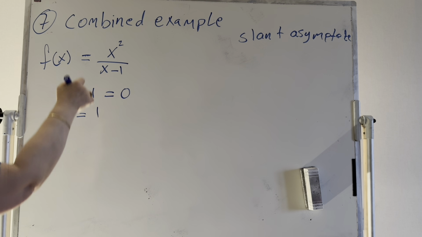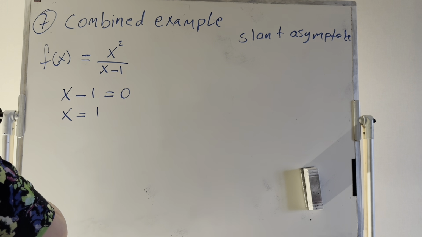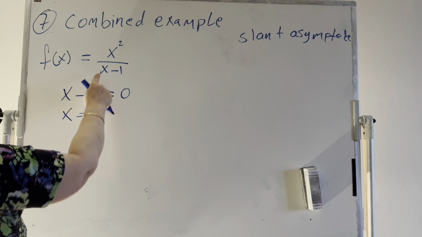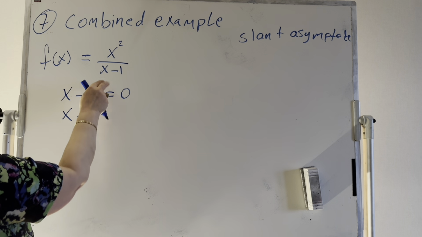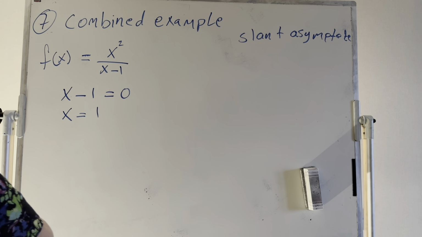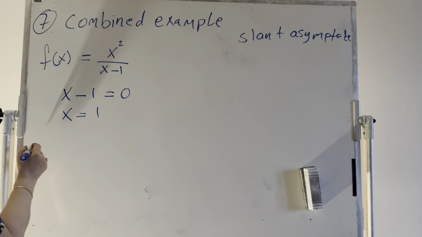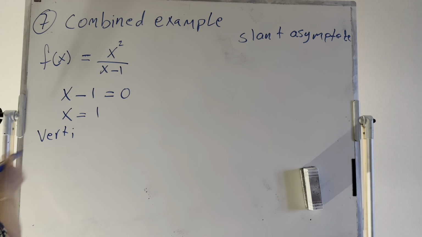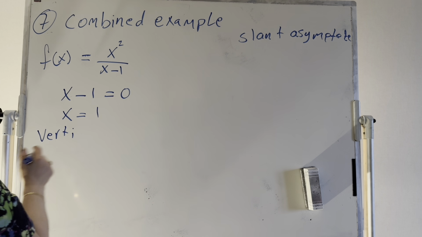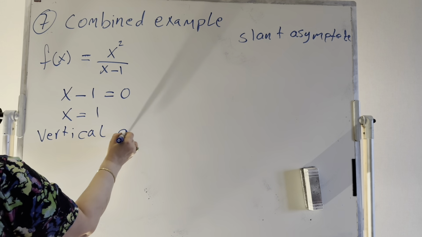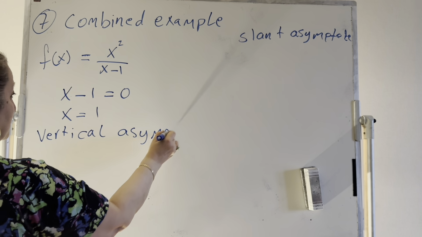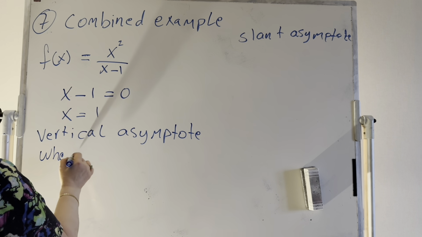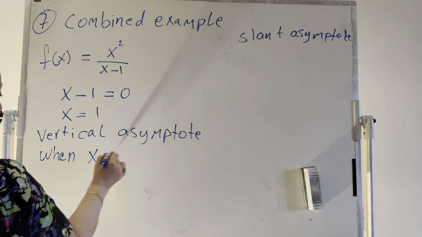When I substitute 1 in the numerator, it will be 1 here, not 0. But when I substitute 1 instead of x in the denominator, it will be 1 minus 1 and it will be 0. That means the function has a vertical asymptote when x equals 1.